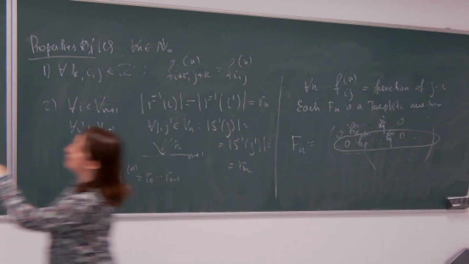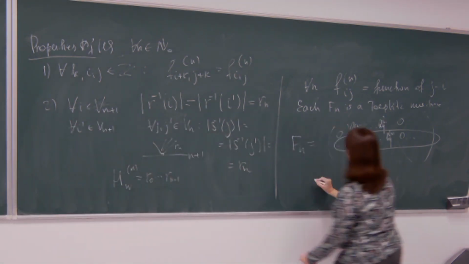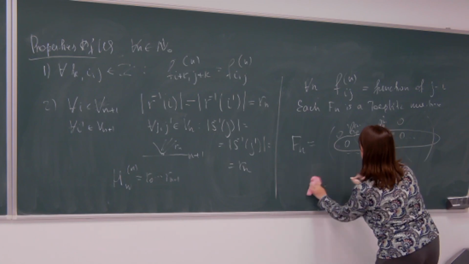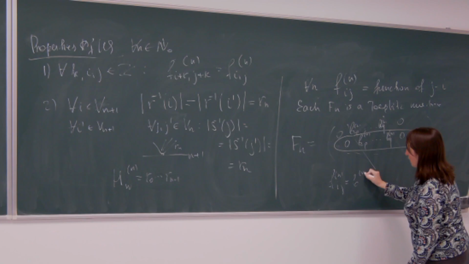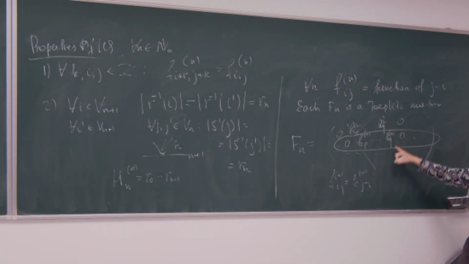And then let's see how we can rewrite this equation. Let us also notice that f^n_{ij} is equal to b^n_{j-i}, in this notation.